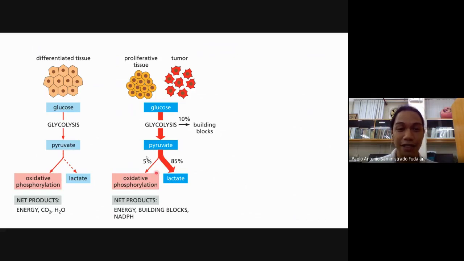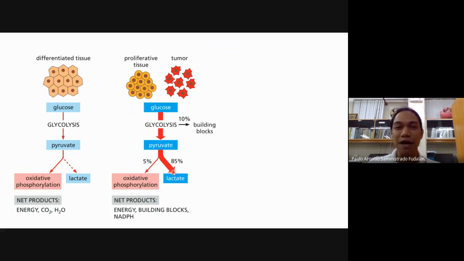Another characteristic is they prefer glycolysis. So this on the left is a normal cell. Remember, we can get more energy from oxidative phosphorylation or cellular respiration than from glycolysis. So normal cells prefer oxidative phosphorylation. But cancer cells, the one here on the right, prefer lactic acid fermentation or glycolysis.